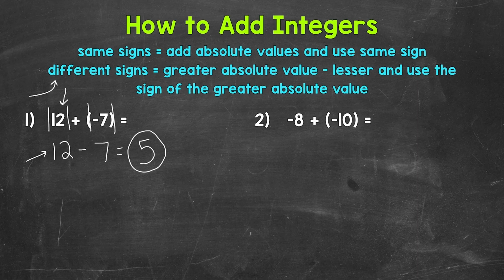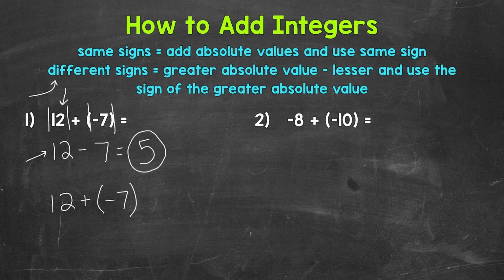And this way is going to be more of a mental math approach, just basically thinking about what's going on in this problem. So let me rewrite 12 plus -7 here. So our original problem. So we are starting at a positive 12, and we are adding a -7.